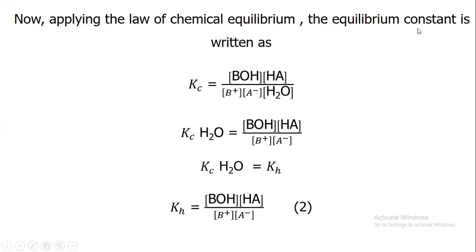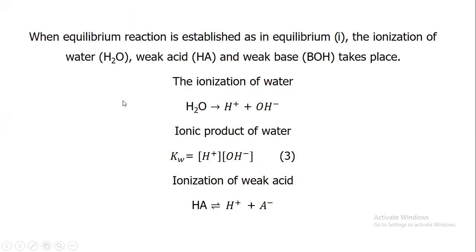Now applying the law of chemical equilibrium, the equilibrium constant is written as Kc equal to [BOH][HA] over [B+][A-][H2O]. Solving, we get Kc times [H2O] equal to [BOH][HA] over [B+][A-], and this equals Kh. So Kh is equal to [BOH][HA] over [B+][A-]. When the equilibrium reaction is established, the ionization of water, of the weak acid and of the weak base takes place.